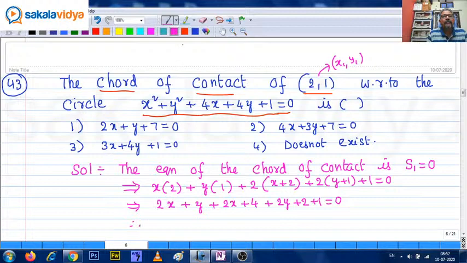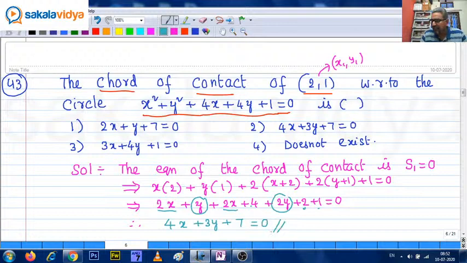So now here see, 2x plus 2x is 4x, y plus 2y is 3y, 4 plus 2 plus 1, 7, plus 7 equals to 0. 4x plus 3y plus 7 equals to 0. That means second option is the right option.